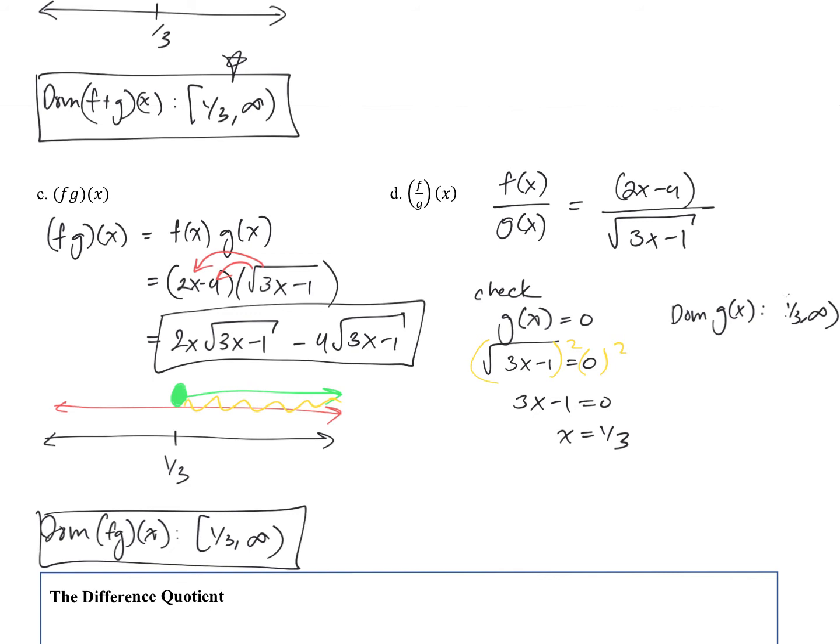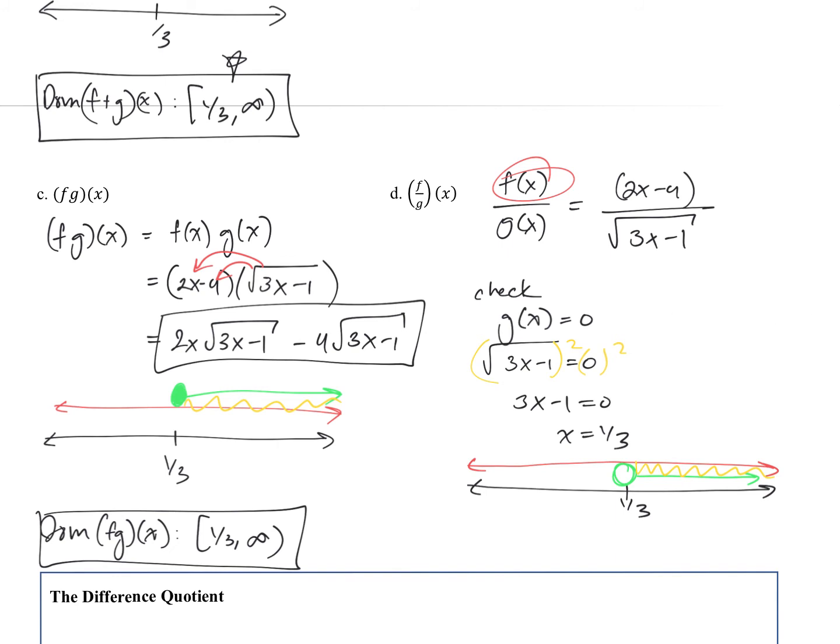Okay, so we had that new domain because it's in the denominator. So let's go ahead and graph that. Here's the 1/3. So this is all real numbers from the f of x. And then the g of x, this time we're not including the 1/3, and we're going forward. But once again, we still take the intersection. So that's all of those values there. So what is the domain of my two functions now?